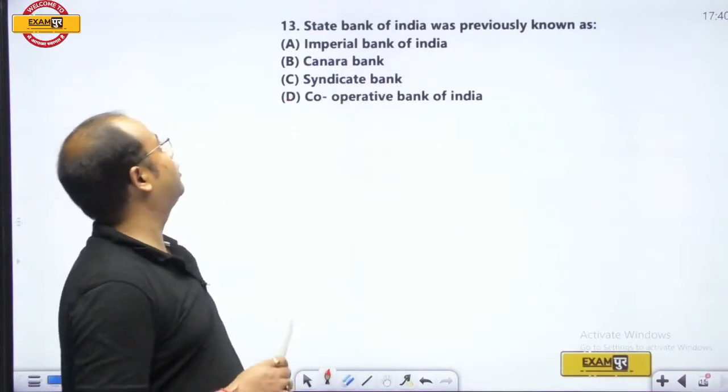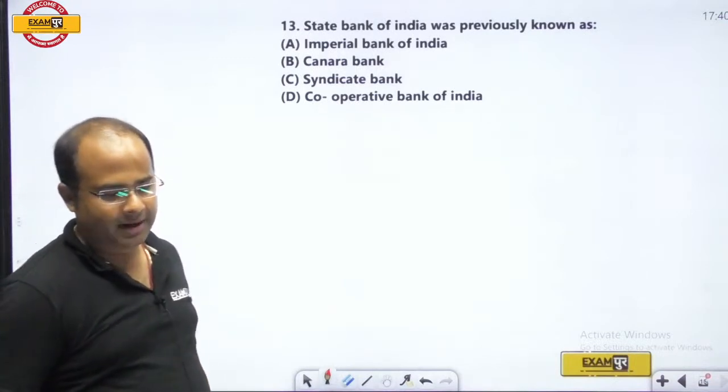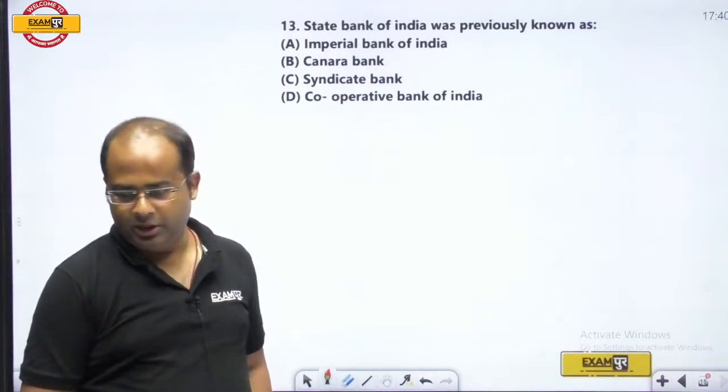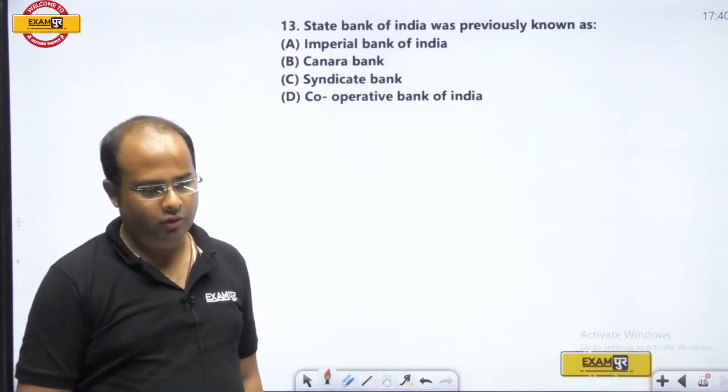Now, the State Bank of India was previously known as what? Is it Imperial Bank of India, Canara Bank, Syndicate Bank or Cooperative Bank?